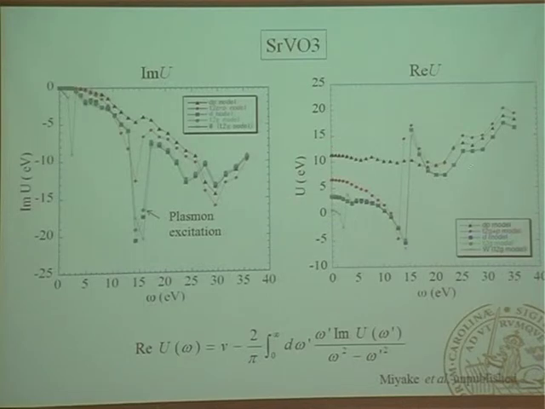And you have this usual behavior. So the real part of U, as a function of frequency, may be negative. So you can see I have a negative value here, so attractions. I don't know if this is a correct interpretation, but the way I think about it is that at this energy, we have a collective excitation. So the electrons start pulling in together and oscillate. So you have negative interactions.